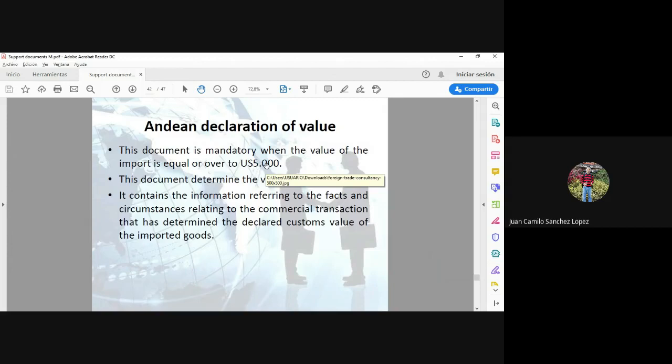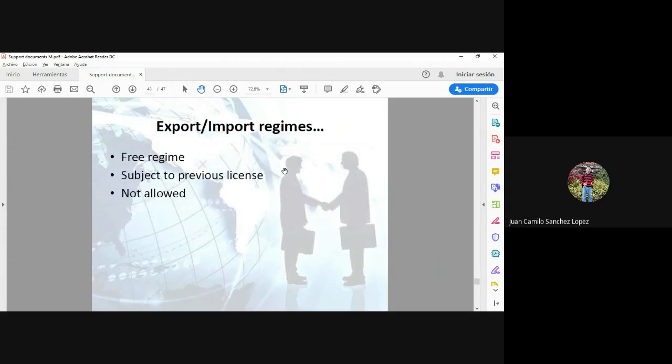If the merchandise comes from another country or the value is lower than $5,000, it is not mandatory to present it. And here, what I told you before, there are two regimes for importing, or also for exporting, that regulate the operations. Free regimes means that the products can be exported or imported, in this case imported, by any legal or single person: food, clothes, cars, electronics, machines, all those products that are under the free regime.